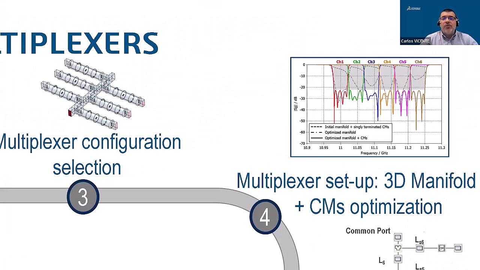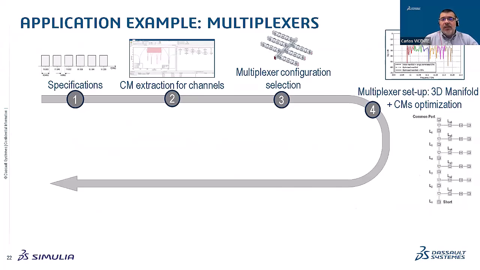Basically, what you are doing is optimizing the manifold, the stubs, and the coupling matrix to obtain the response you want. Once you have your multiplexer design with the coupling matrix, what you need to do is replace that coupling matrix by the actual 3D filter.